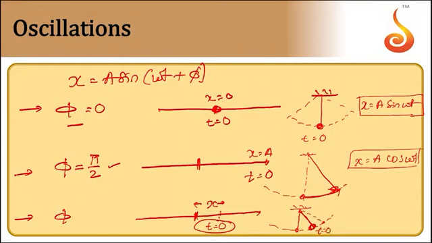At t is equal to 0, it is neither at the mean position nor at the extreme position. In such a case, the equation is generally written as x is equal to a sin(omega t plus phi). So this is the equation describing the simple harmonic motion of a particle at different instants of time, in different forms.